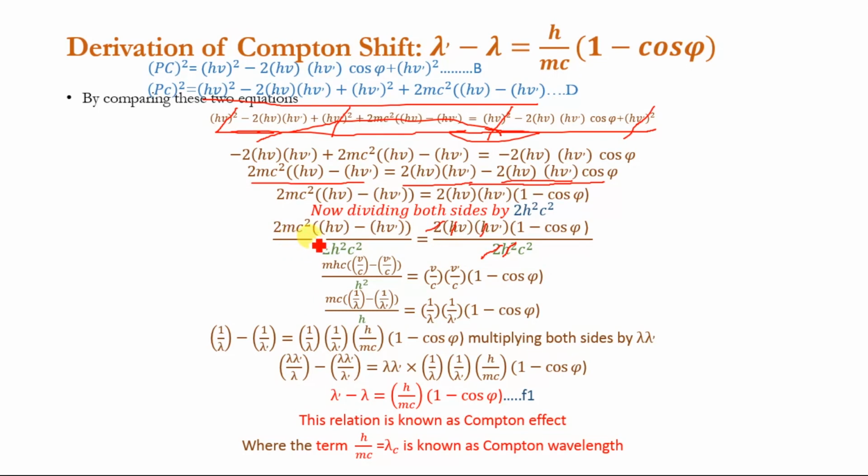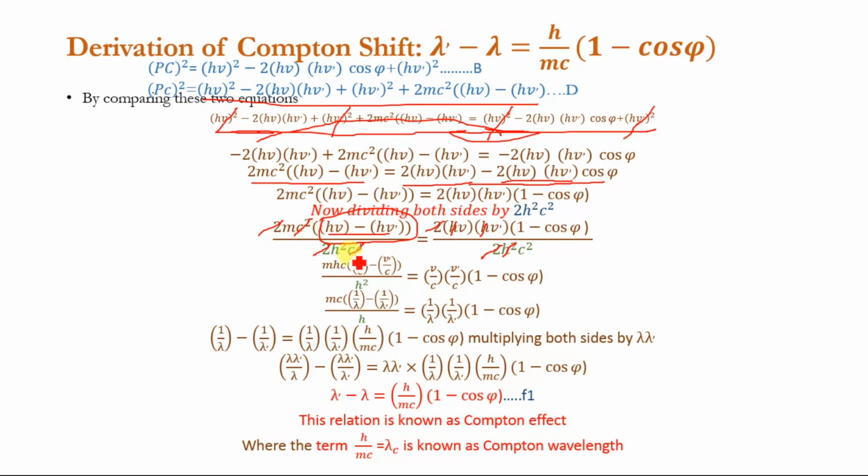Here this 2 will cancel with this 2, and the remaining terms will become, this c² will cancel with c². So the remaining term is m. Now we take hc common from this term.